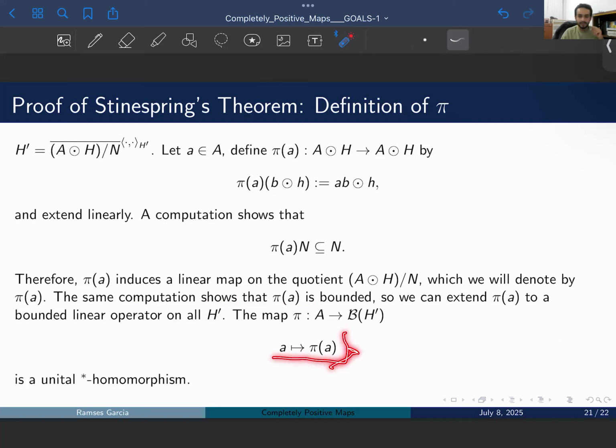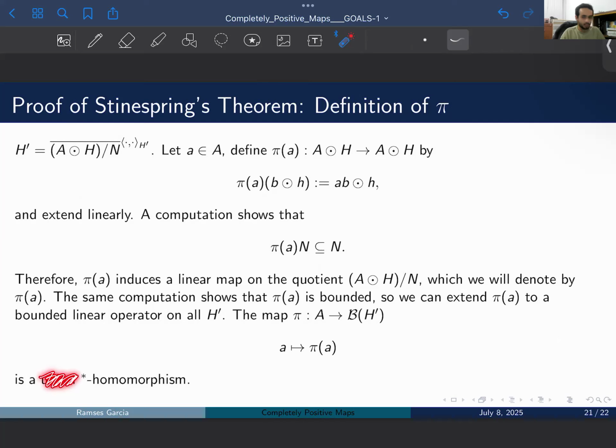Using the definition of the Hilbert space and P, it's an easy thing to check that P is a star homomorphism. And here is the first time that I write something related to the unit. In the last slides, I didn't need the unitality. In fact, I don't need it.